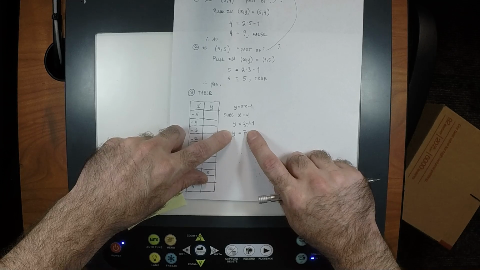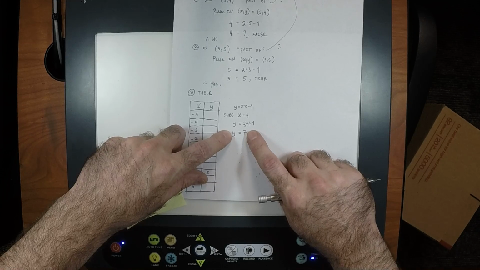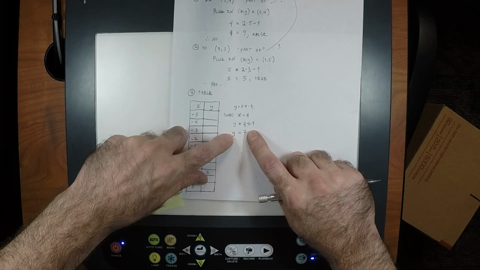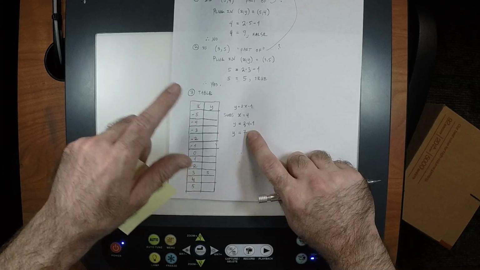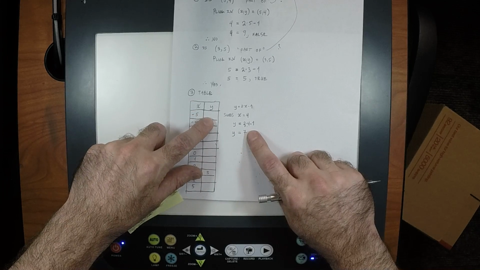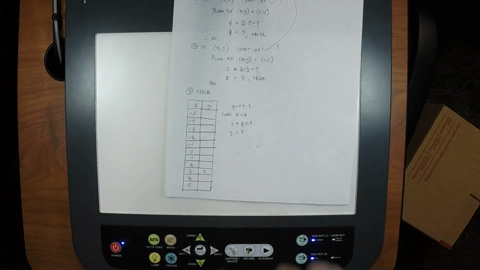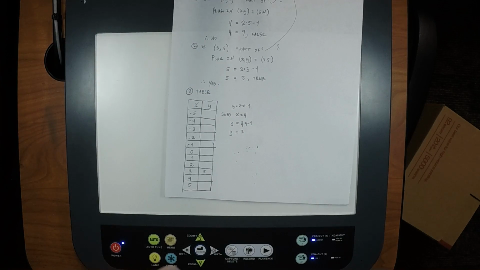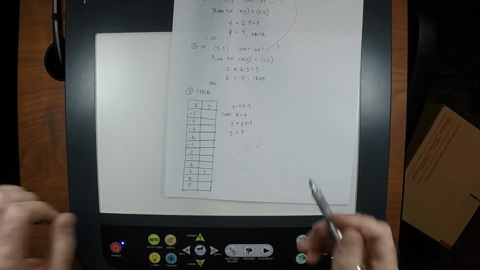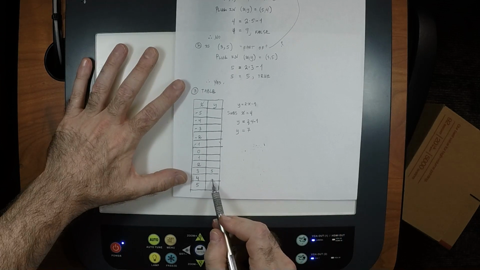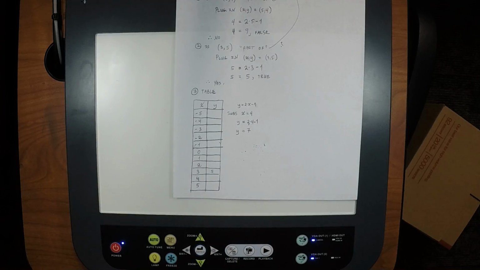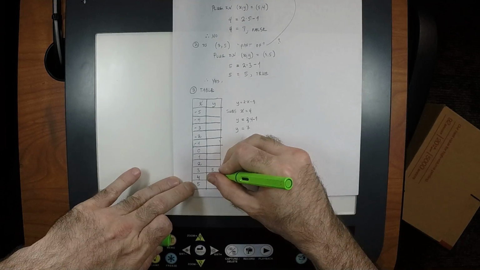What is the one and only thing I can write so that the equation would be true? 7. It's so obvious it's difficult to say. As a result, what am I supposed to write here? 7. Okay. So I write 7.